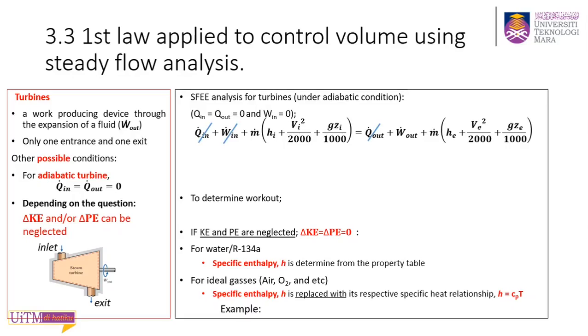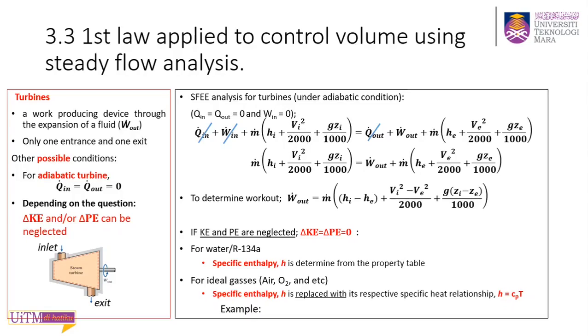Rewrite the remaining equation, and to determine work output, we can rearrange the equation as follows. Now, if kinetic and potential energies can be neglected, then the equation will be reduced to as follows. Remember, this is only an example on how to use the SFEE.